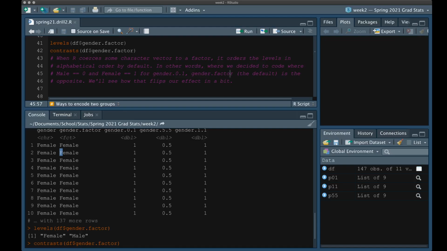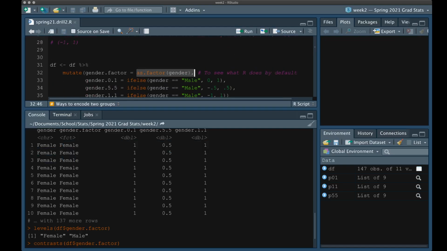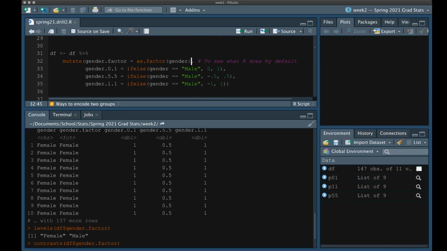But it's always important to pay attention to whenever you do things like just wrapping something in as factor, for instance, and what R does with that under the hood. Because if, for instance, we coded male as 0, female as 1, and then when you were plotting, you decided to color it by gender, and so you just put color as your gender.